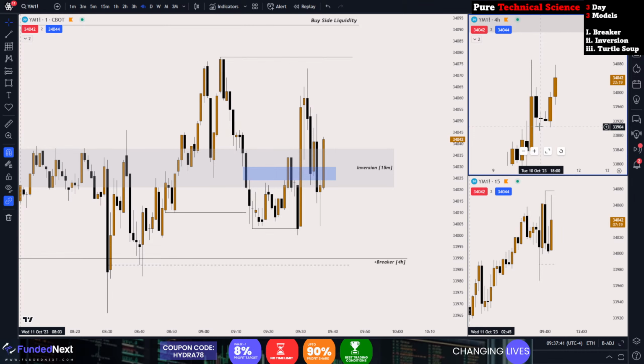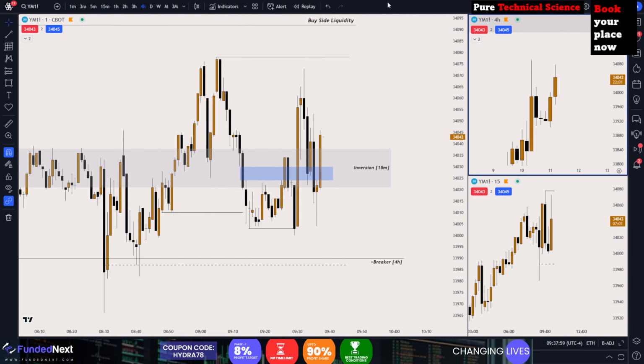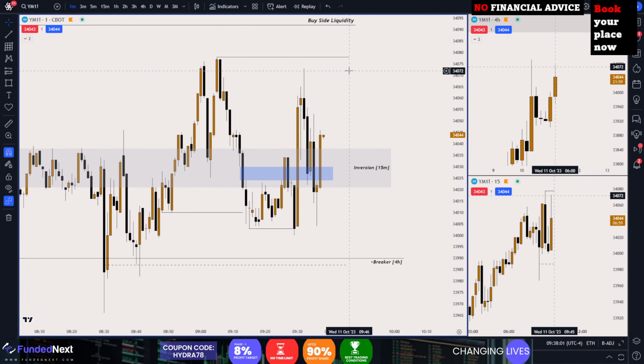Okay, you can expect to see me doing choppy breakers, showing you the choppy breakers, then showing you the cleanest breakers and what to expect from them, what price will do before a breaker gets formed, what you will be expecting to see. So there will be a lot of stuff. It's not just gonna be random.